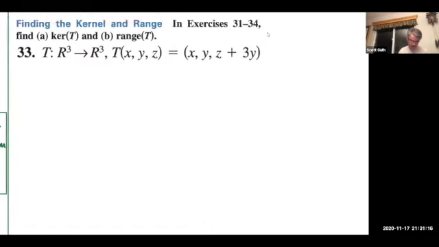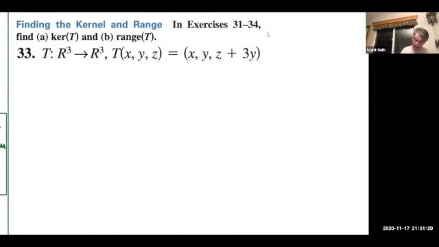Okay, so now we're going to do number 33 here. We want to see what the kernel is of this linear operator. I think I want to go ahead and do the standard matrix for it just so you guys can practice doing that. So standard matrix, you just stack it up like this. You start with T of (X, Y, Z).